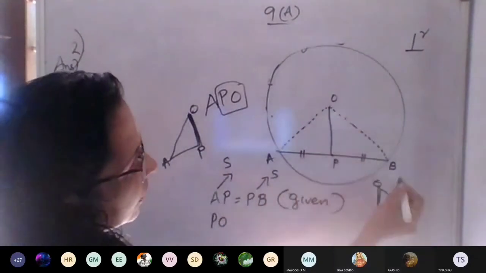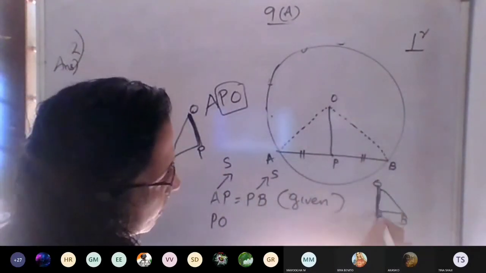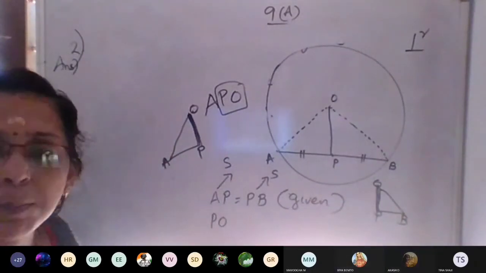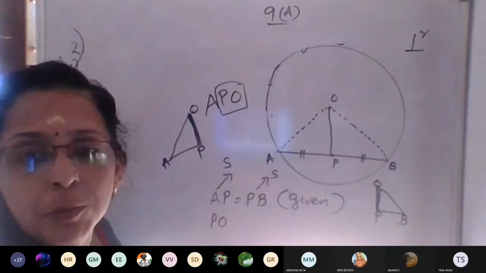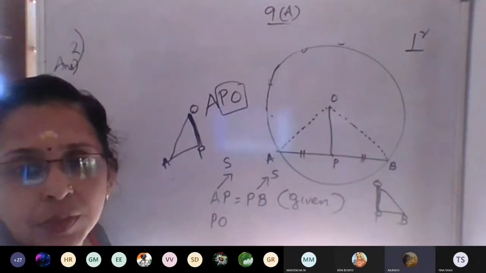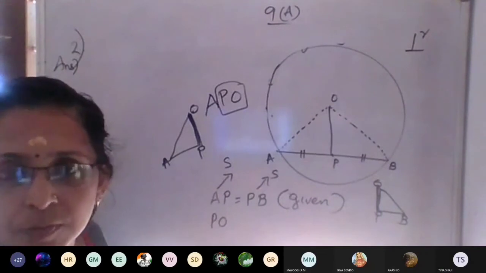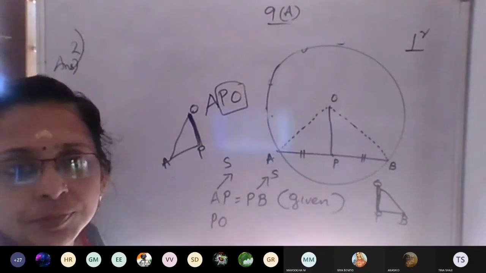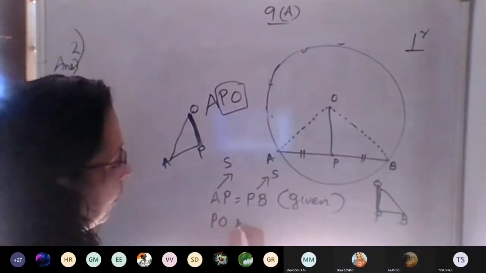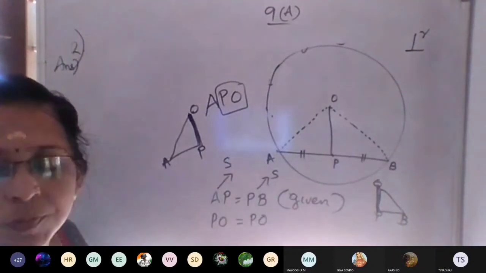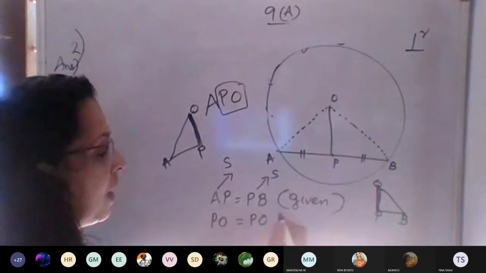If we are considering BPO, here also OP is coming. That means OP is common for both the triangles, so OP is equal to OP itself. Is it clear? Anyway you can write PO is equal to PO or OP is equal to OP.